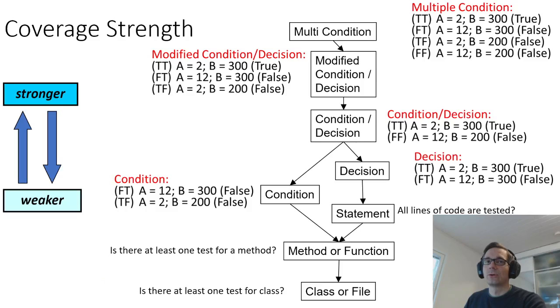Now we introduce the concept of coverage strength. So the coverages at the bottom are weaker than the ones that are on the top. If we start from the bottom, perhaps the weakest form of coverage that would have any relevance to software testing would be class or file coverage, which would be satisfied when there is at least one test for each class or each file or each module.